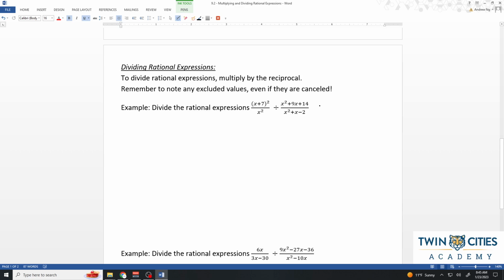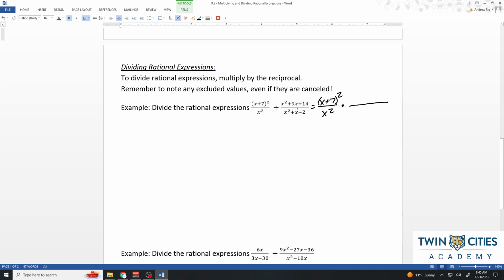With the division, I can simply say, for example, x plus 7 squared over x squared, instead of dividing by x squared plus 9x plus 14 over x squared plus x minus 2, this is the same as saying x plus 7 squared over x squared, so that's going to remain the same. But instead of dividing, I'm going to multiply by the reciprocal of the second expression here.